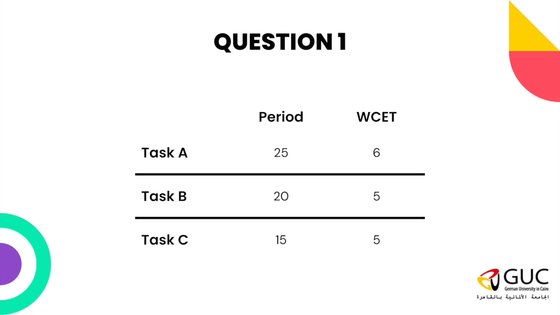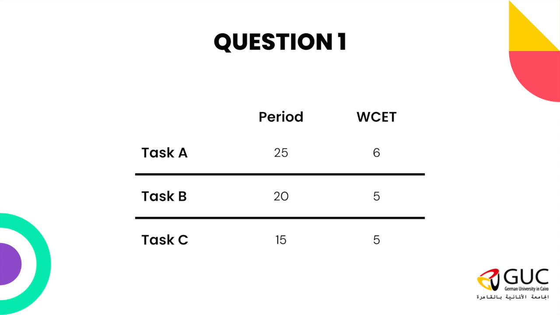The condition is that the deadline must be equal to the period of the tasks. So here, the question did not specify a particular deadline for each task. Therefore, the default assumption will be that the deadline is equal to the period.